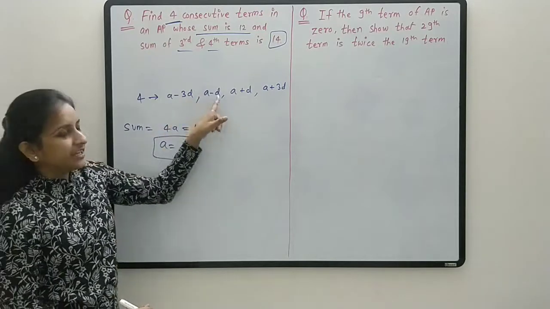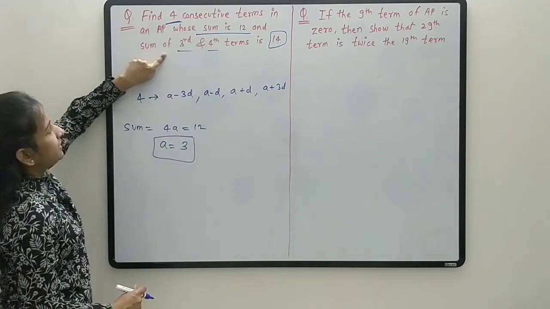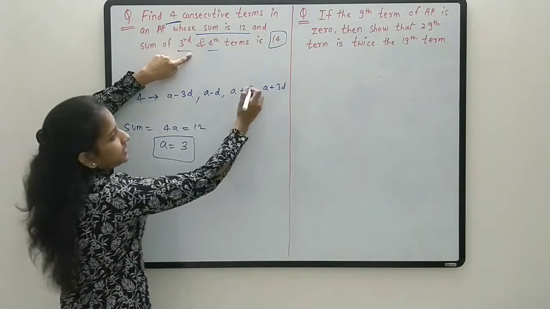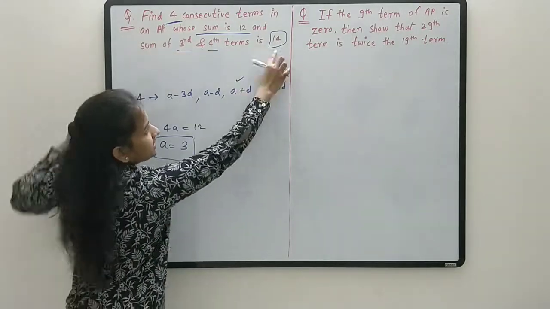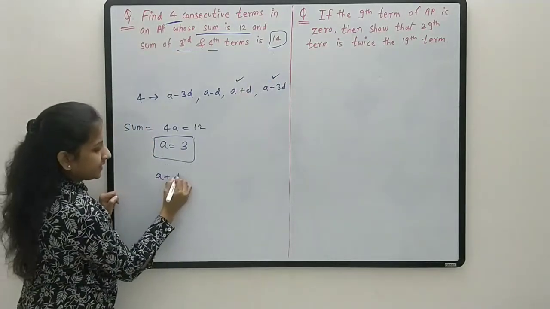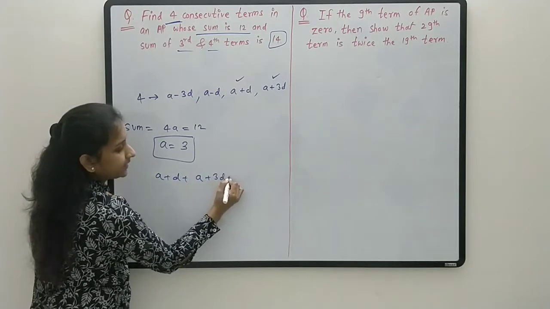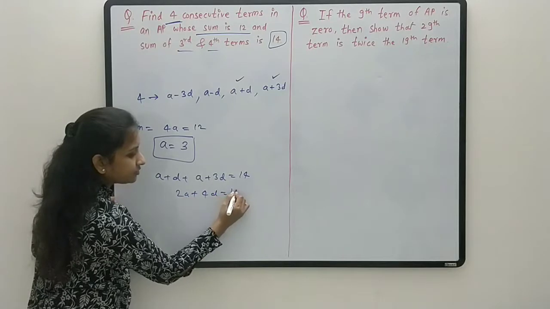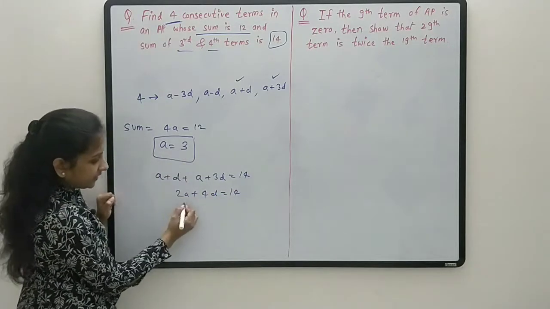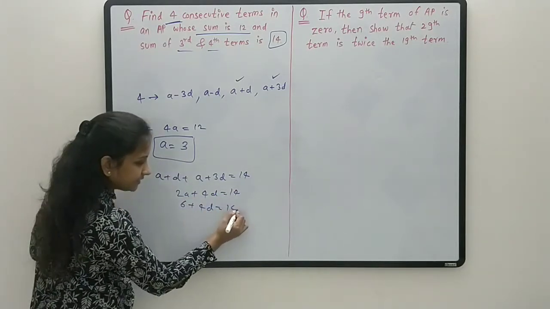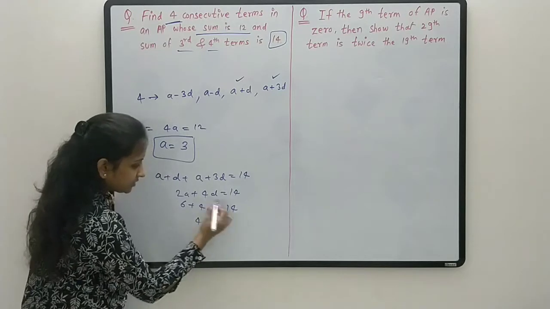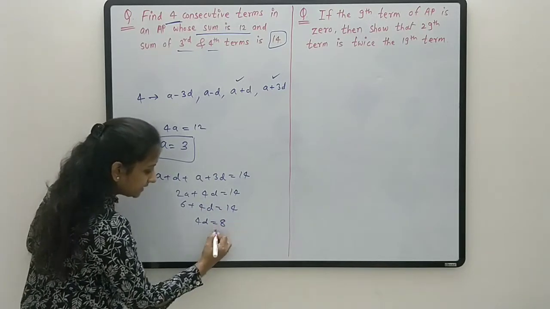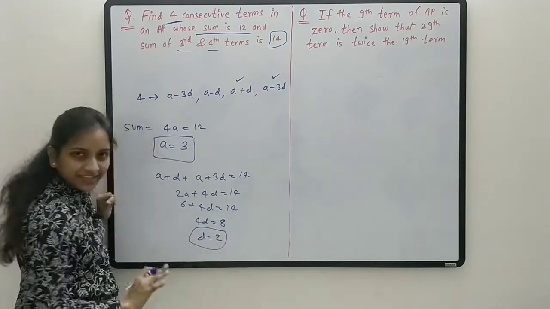Now let's find d. The next condition: the sum of the third term and the fourth term is 14. So a plus d plus a plus 3d is equal to 14. 2a plus 4d is equal to 14. 2a means 2 into 3, 6, plus 4d is equal to 14. 4d is equal to 14 minus 6, 8. d is equal to 2.